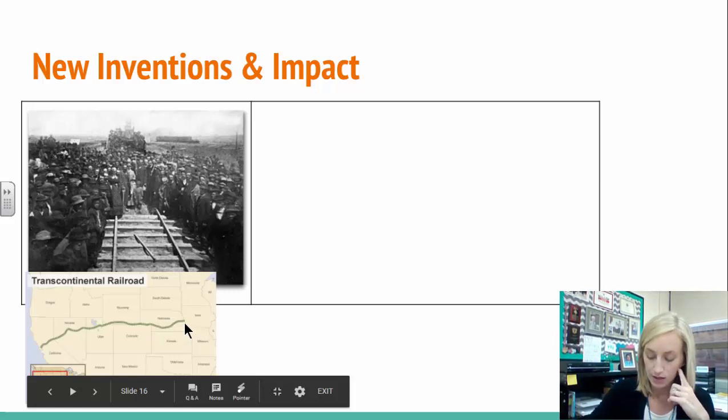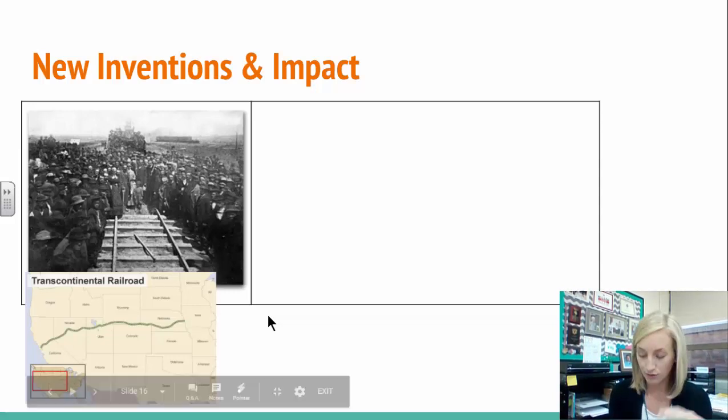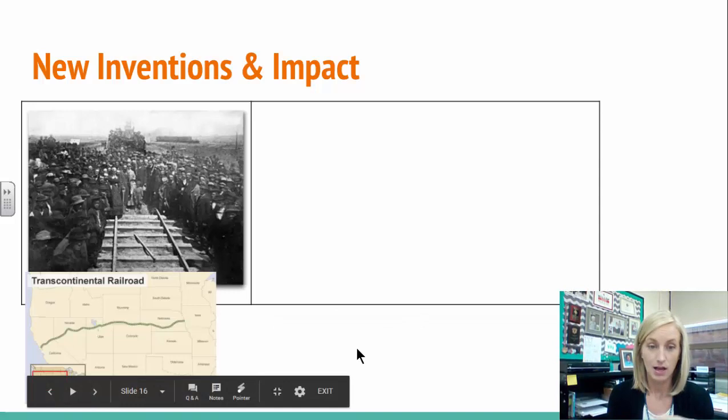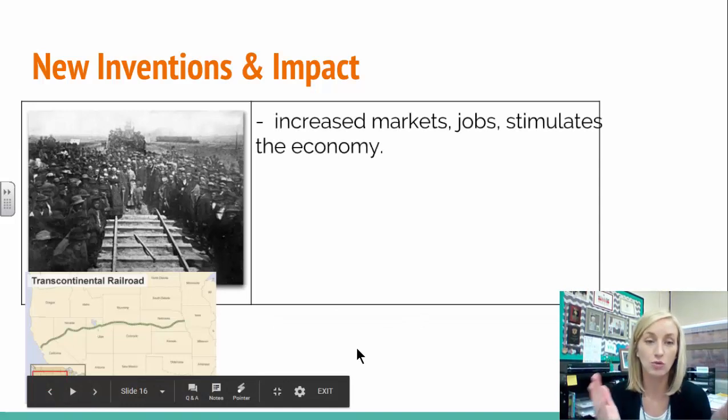And then there was kind of a network of railways that then connected the Midwest here in Iowa all the way over to the East Coast. So our entire country was connected through this rail network, having such a huge impact on the industry.